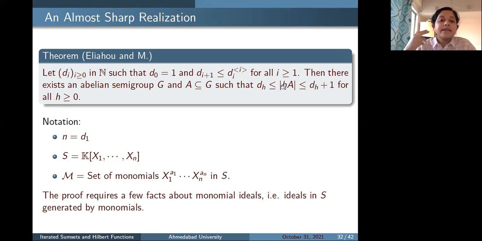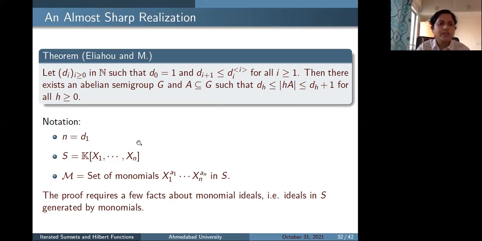Then there exists an abelian semigroup G and a subset A so that the cardinality of A^h will be lying between d_h and d_h plus 1. So that is the reason why I'm saying it to be an almost sharp realization. So it is taking two values, either d_h or d_h plus 1. So let's see why sometimes it can take the value d_h plus 1.